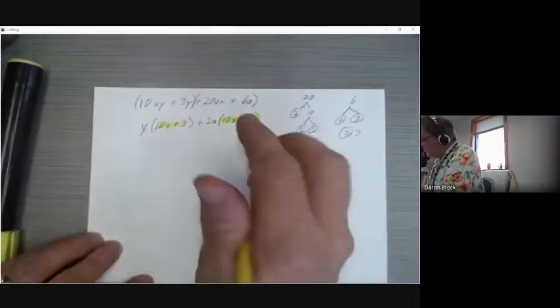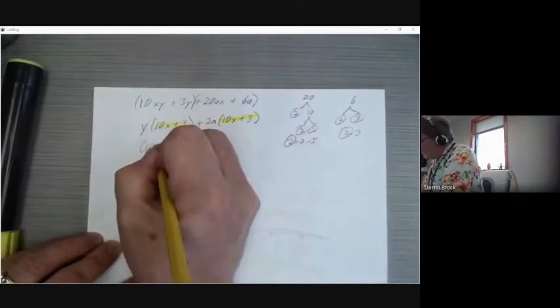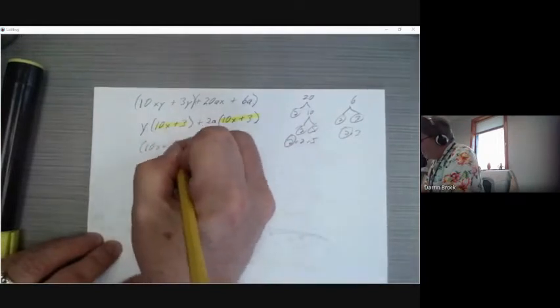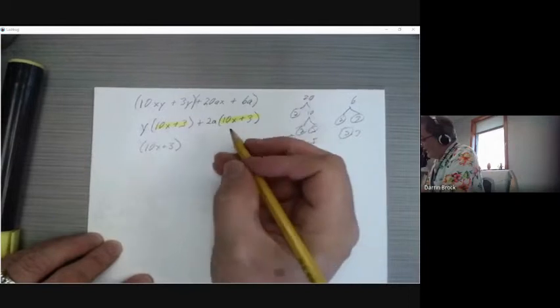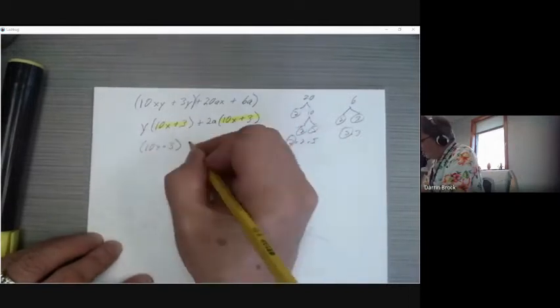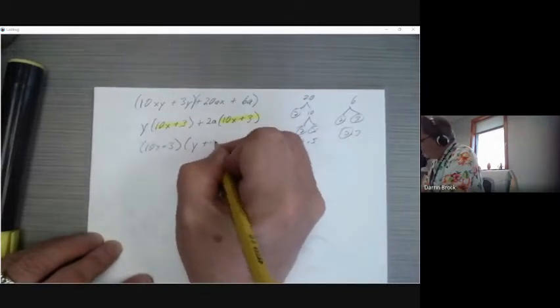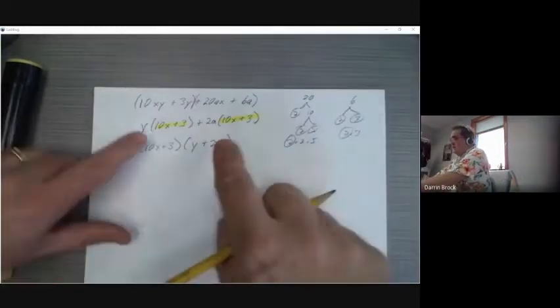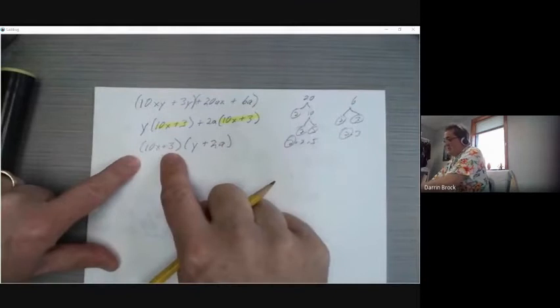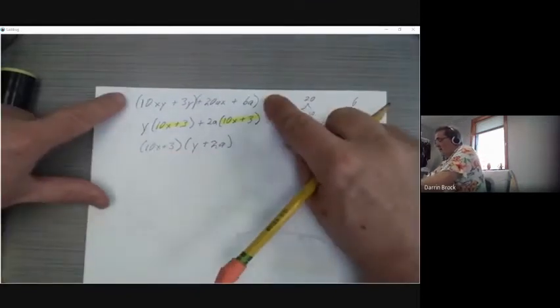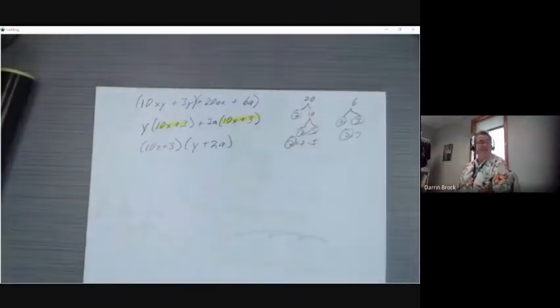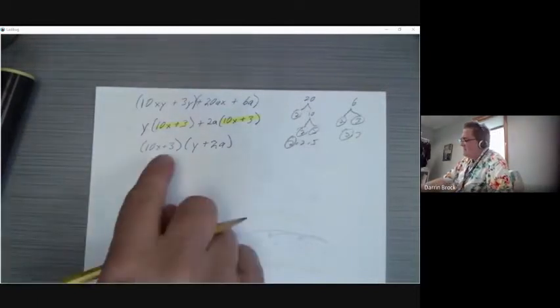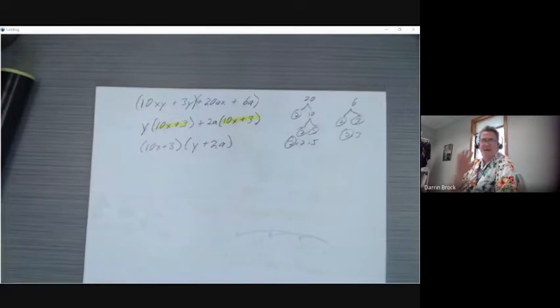So we can factor a 10x plus 3 out of both of those terms. And that leaves y plus 2a when we factor it out. So that is the 2 factors of this. 10x plus 3 times y plus 2a will equal this up here. Wow, that's totally different than the first problems, right?